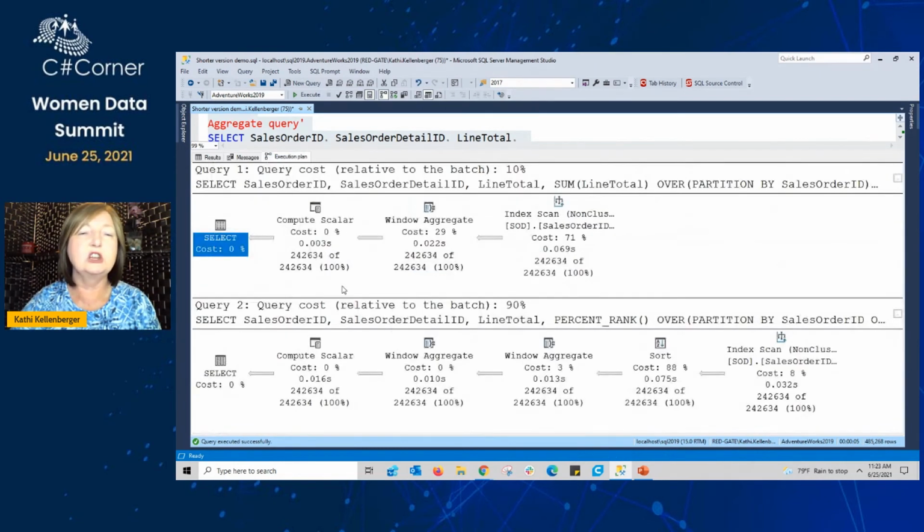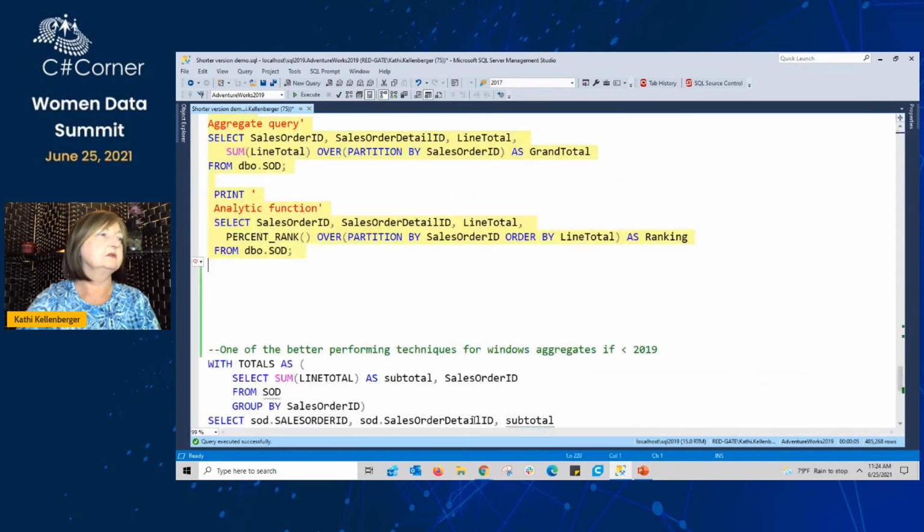If I look at the execution plan, I do see a change. Instead of the table spool, I see this new operator called window aggregate. We like to see that. We've still got a sort on the second one, so we might want to tweak the index to take care of that. But we've got window aggregates instead of table spools, so I am very happy about that.